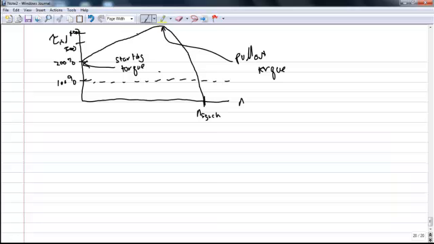Now, let's derive an expression for the maximum torque, which, of course, we're calling the pull-out torque.